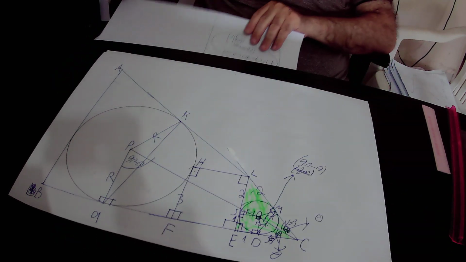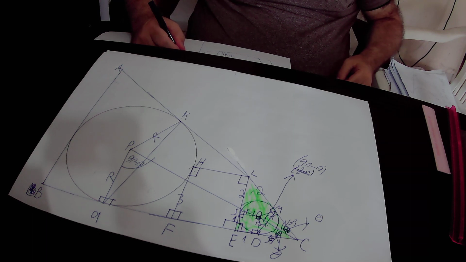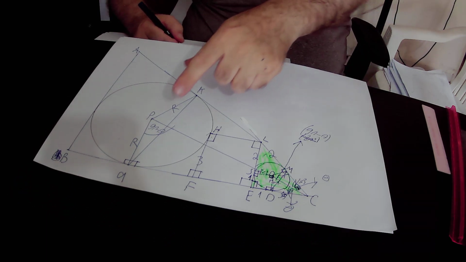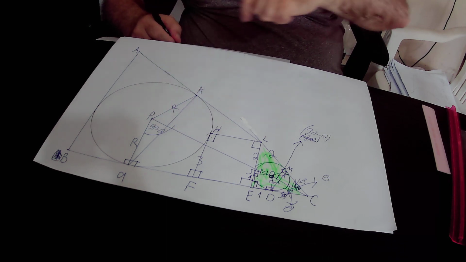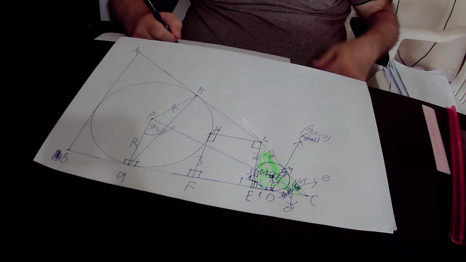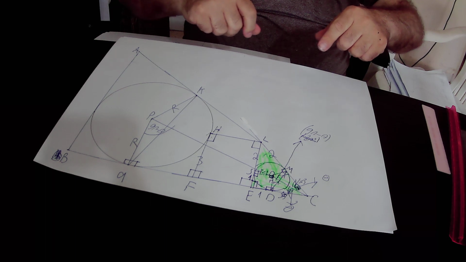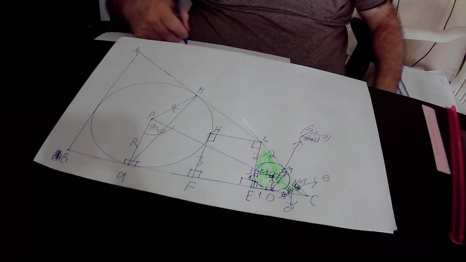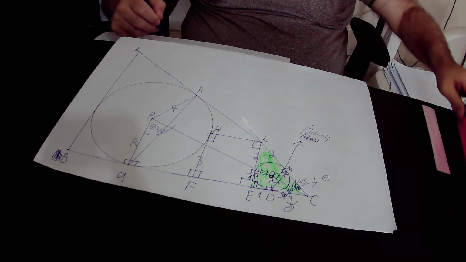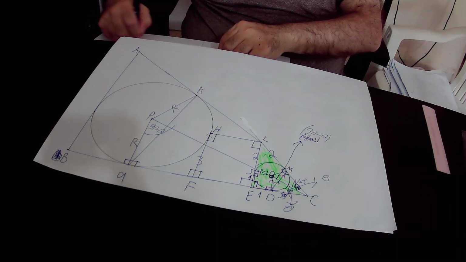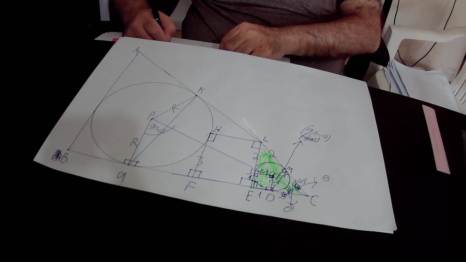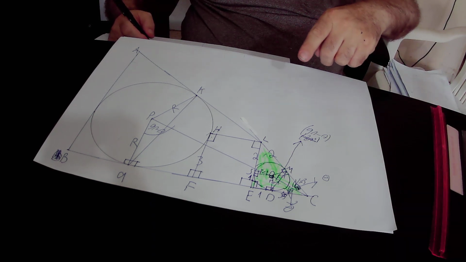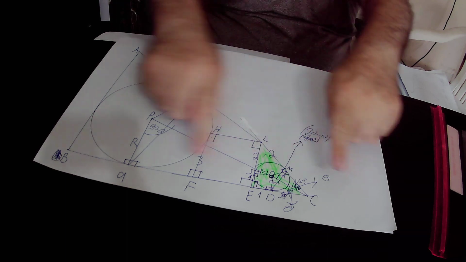So here, PQ is the radius of the big circle that is equal to 1. OD is the radius of the small circle that is equal to 1. And it is equal to QC. What is the value of QC?